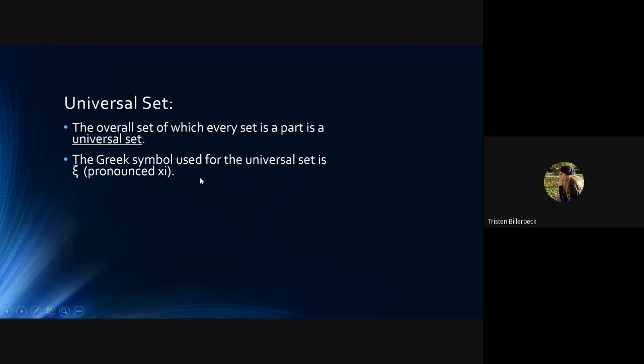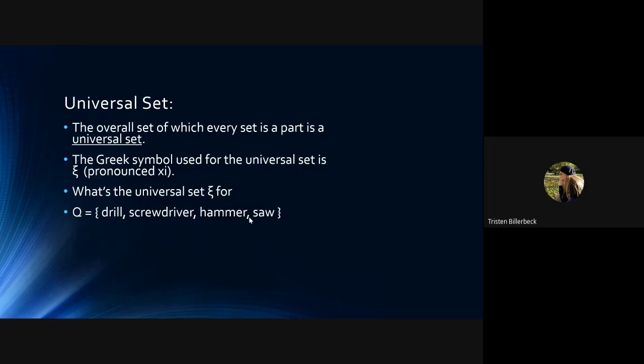It's hard to find a translator for these Greek letters, so correct me if I'm wrong. Okay, so what's the universal set for psi? Well, let's see. Q equals the set of drill, screwdriver, hammer, saw. What would be the universal set? If you guess tools, that would be correct. That would be right.